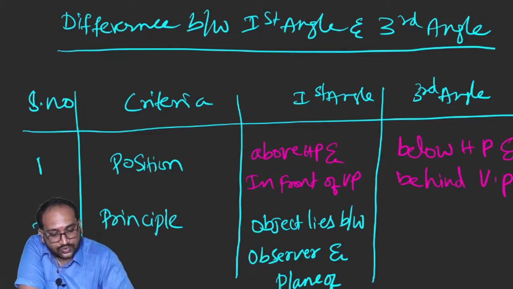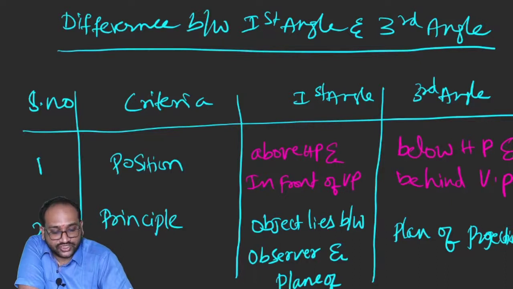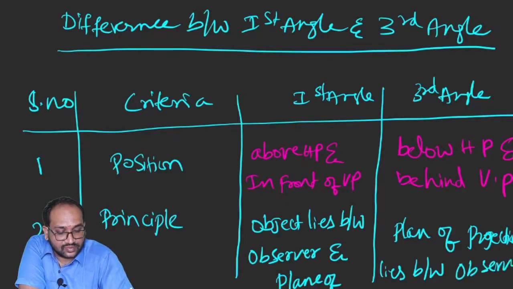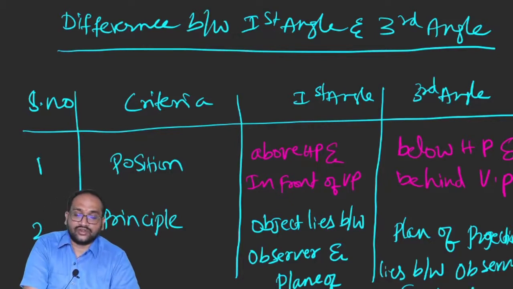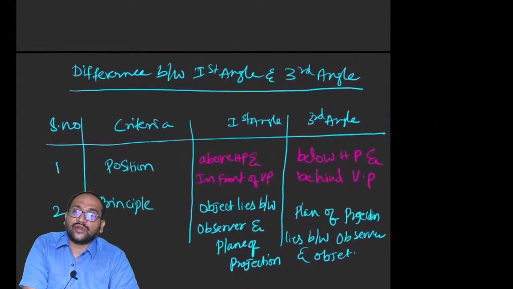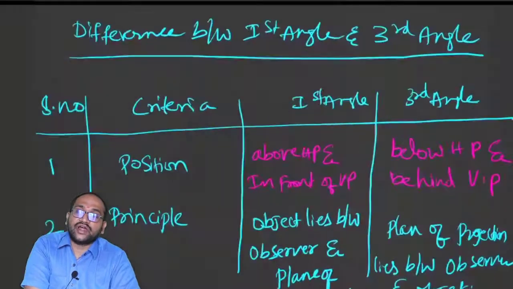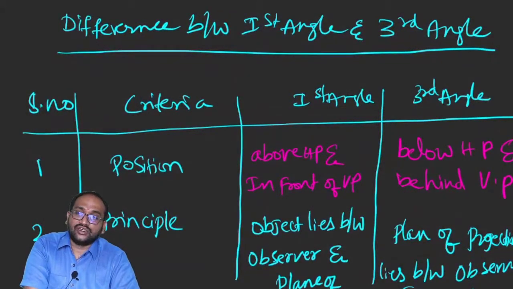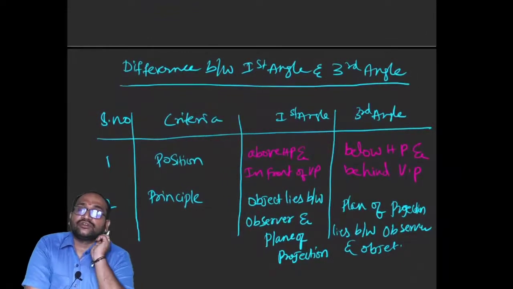Coming to third angle projection, the principle is the plane of projection lies between the observer and the object. This is the principle of third angle projection.